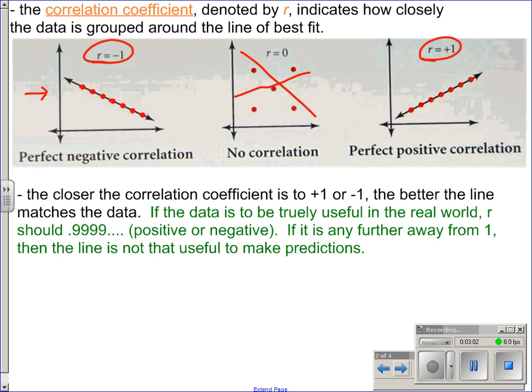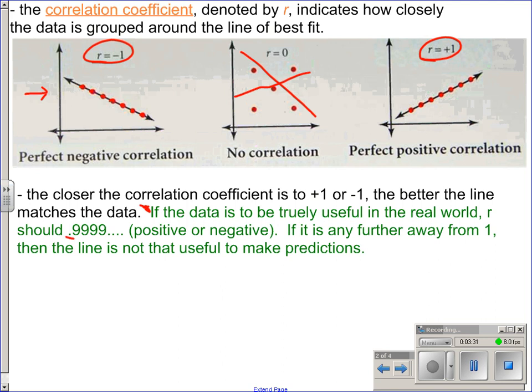Now, the stuff that we're going to do, I mean, we're not going to be doing this super scientific stuff where we need to have these results, and they need to be great. We're going to be looking at some patterns. So, when you go out and actually start doing this stuff, here in the green, if it's going to be really useful, that correlation coefficient has got to be so close to 1.